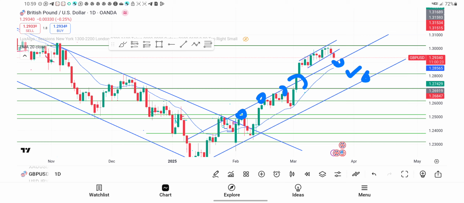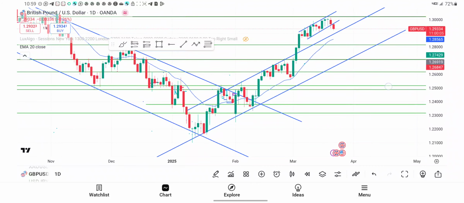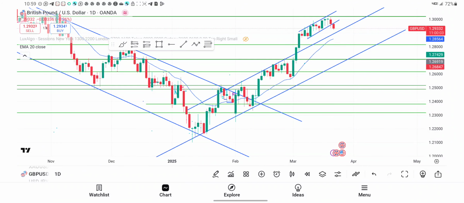That is if the DXY should go for those corrections that I showed you, those imbalances on the DXY chart. If the DXY should go for that correction, the move should also equal the move to the channel of this support, and you can see clearly that this area is quite strong, because we've had several touches from that level already.